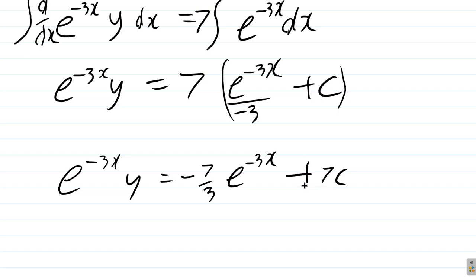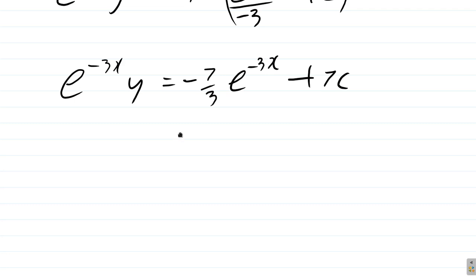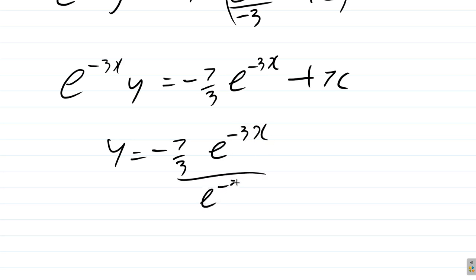So here now we want y, so let's divide both sides by e to the negative 3x. So we have y equals negative 7 over 3 e to the negative 3x over e to the negative 3x plus 7c over e to the negative 3x.